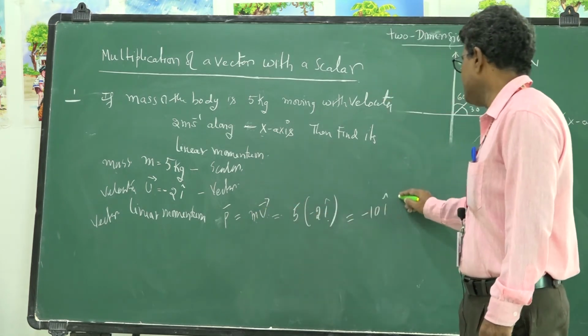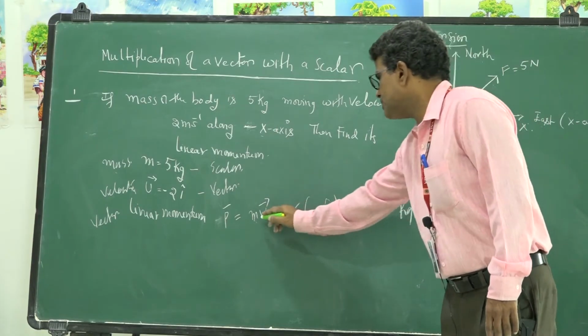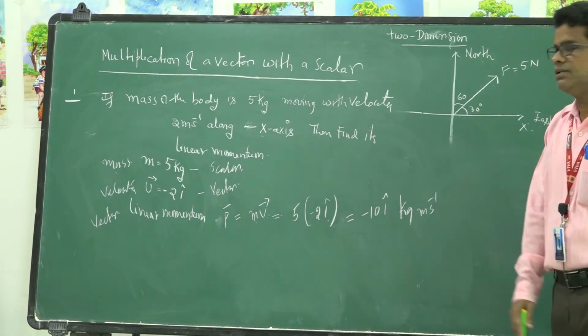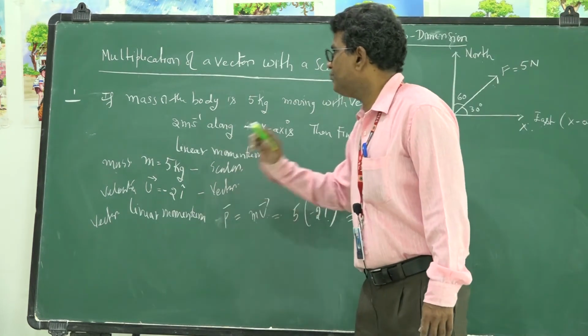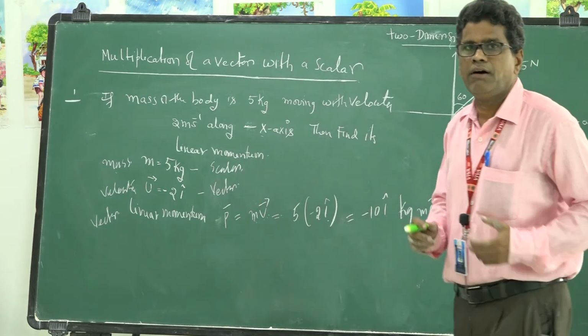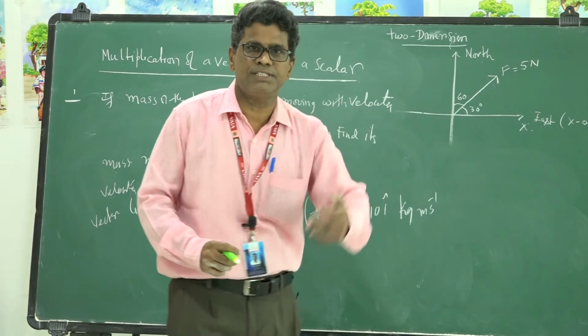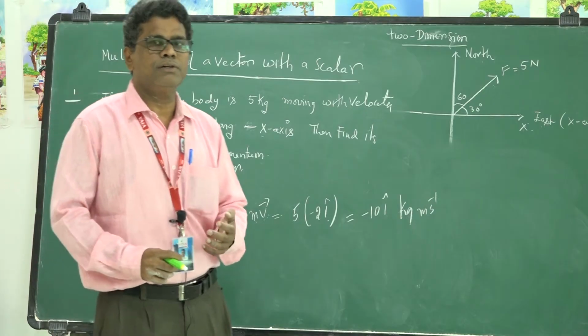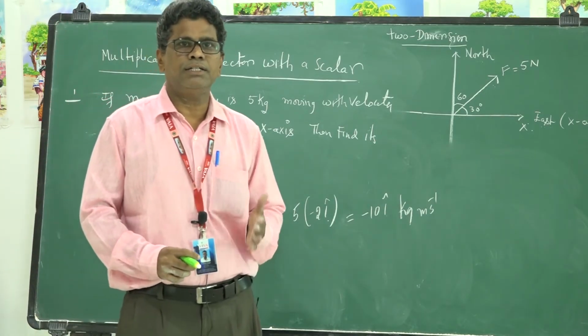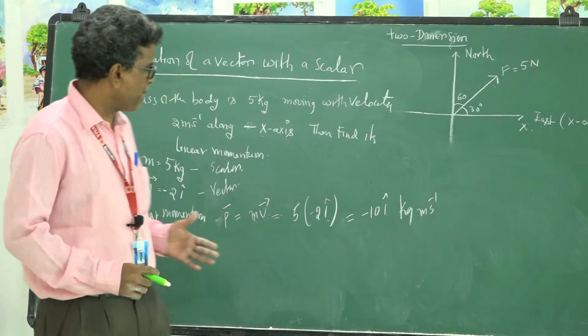Mass is in kg, velocity is in meters per second. So this is the linear momentum of the body. Do you understand how we are using vectors in physics? Vectors are very important to understand physics.